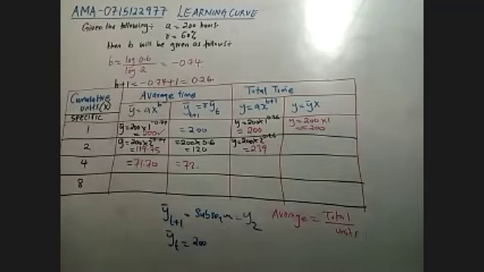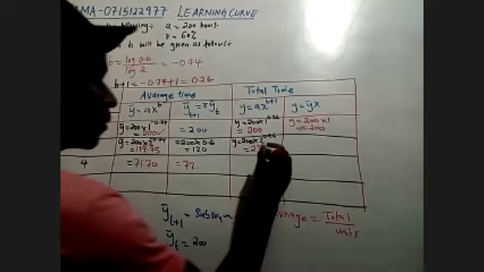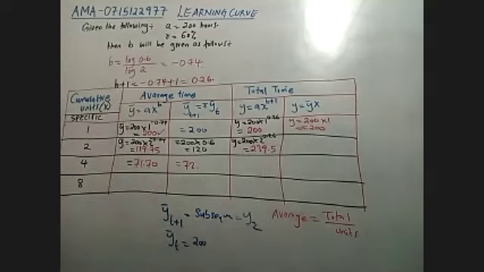Unapata 239? Na mchangamke bana, mchangamke. So 239.4.25. Haya.